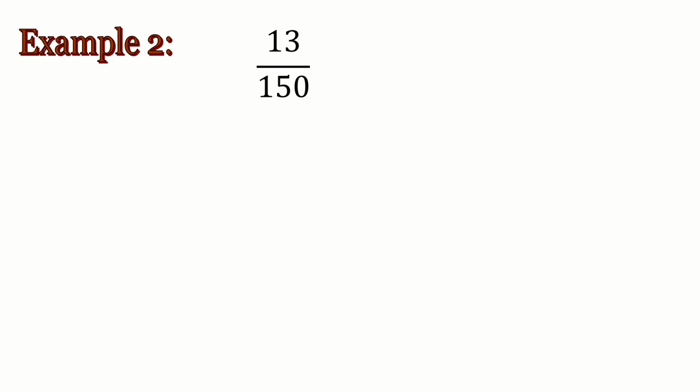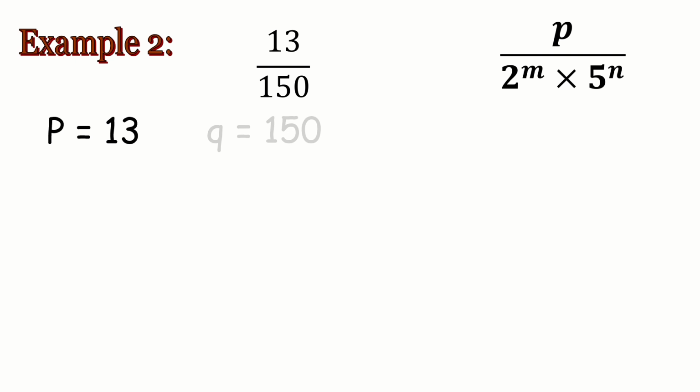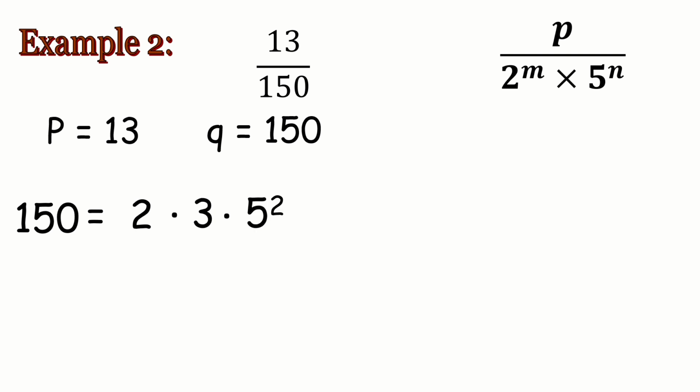Alright, now next, 13 over 150. Let's use our formula. So remember, what is P? P is 13. What is Q? 150. So let us make Q in terms of 2 to the m times 5 to the n. So we'll say 150 equals 2 times 3 times 5 squared.